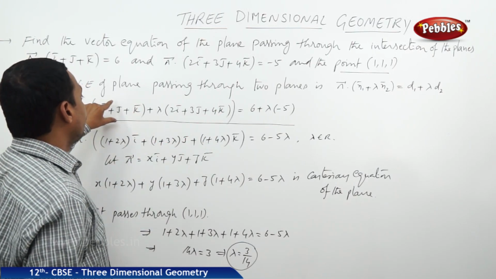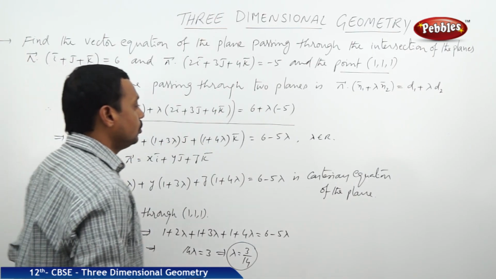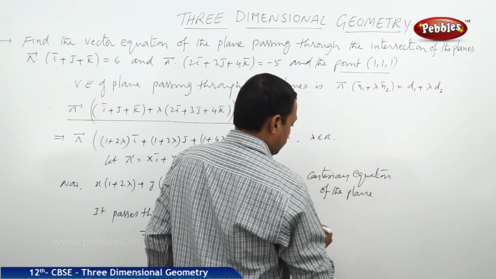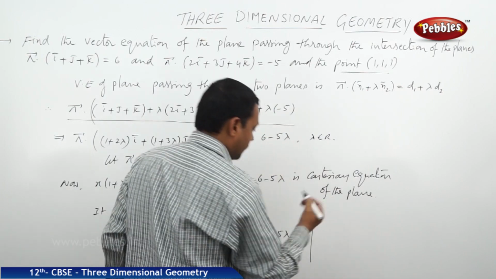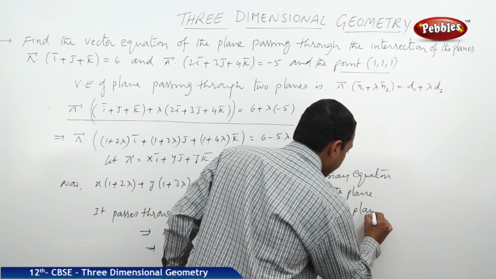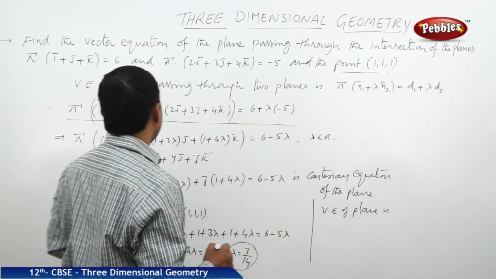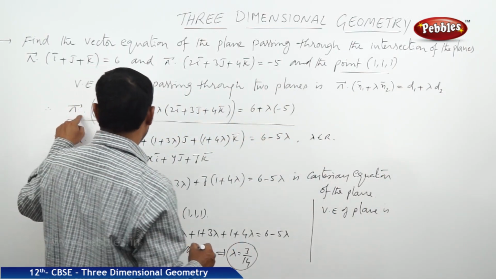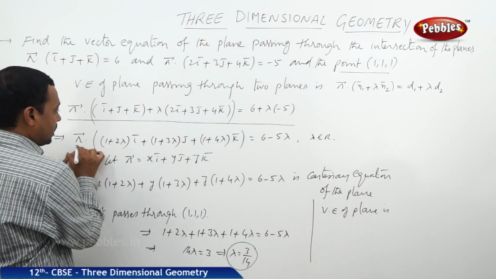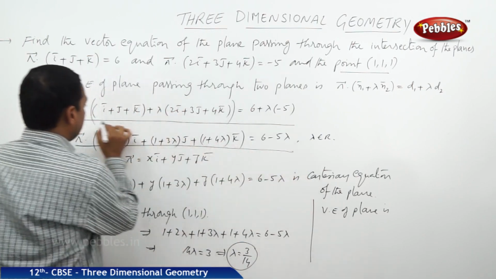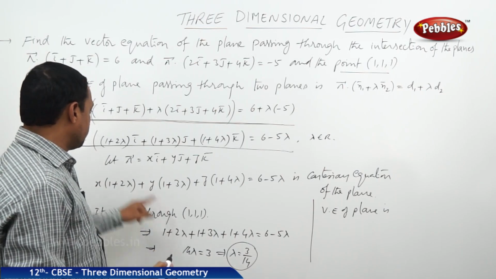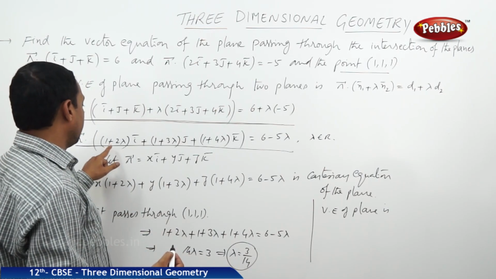Then we get the vector equation of the plane passing through the intersection of the two given planes. Finally, the vector equation of the plane is, of course here also we can substitute, so this and this one both represent the same. Now we better substitute lambda equal to 3 by 14 here.